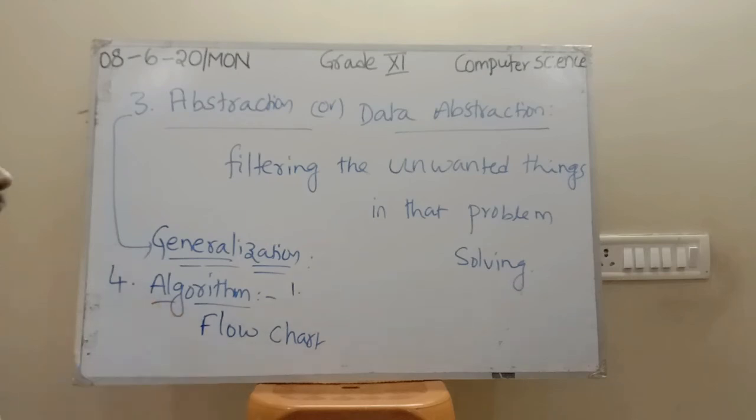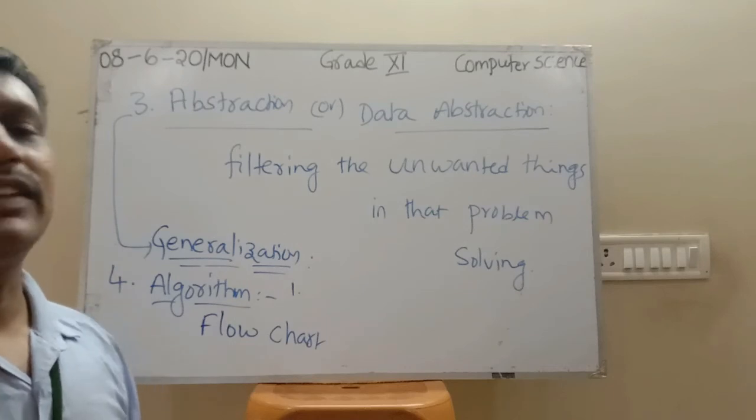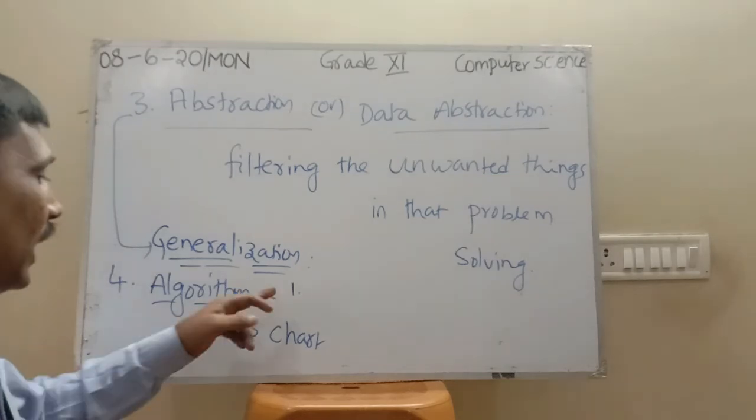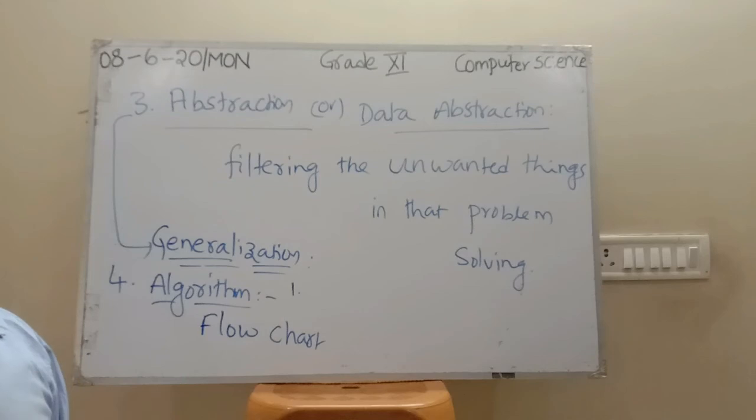Next, fourth one, algorithm. After that we write all the steps in a sequence, from starting to ending. This is what we call an algorithm. After that we write all these steps in a pictorial representation, that is called a flowchart.